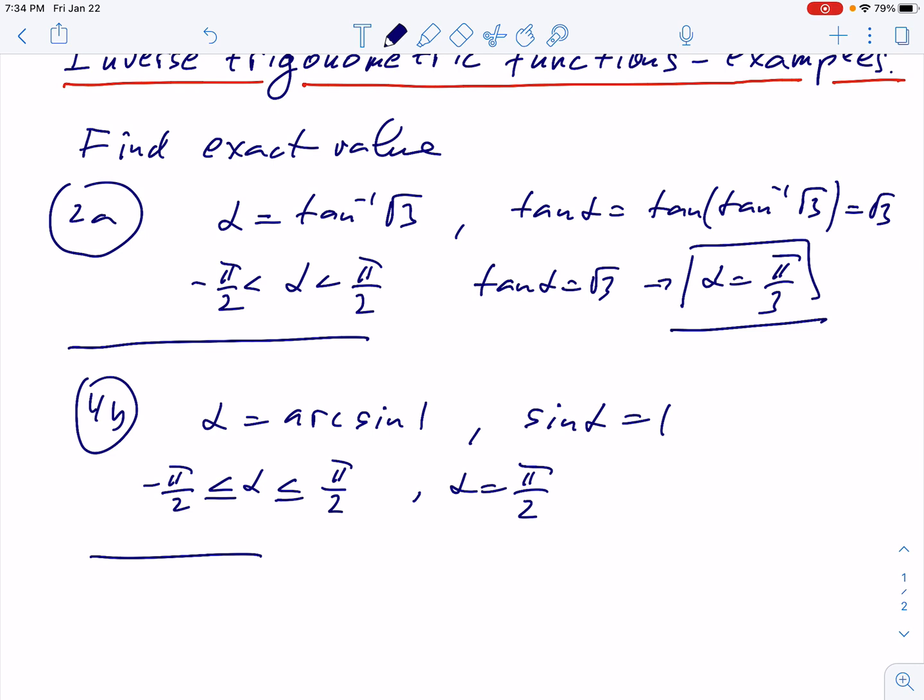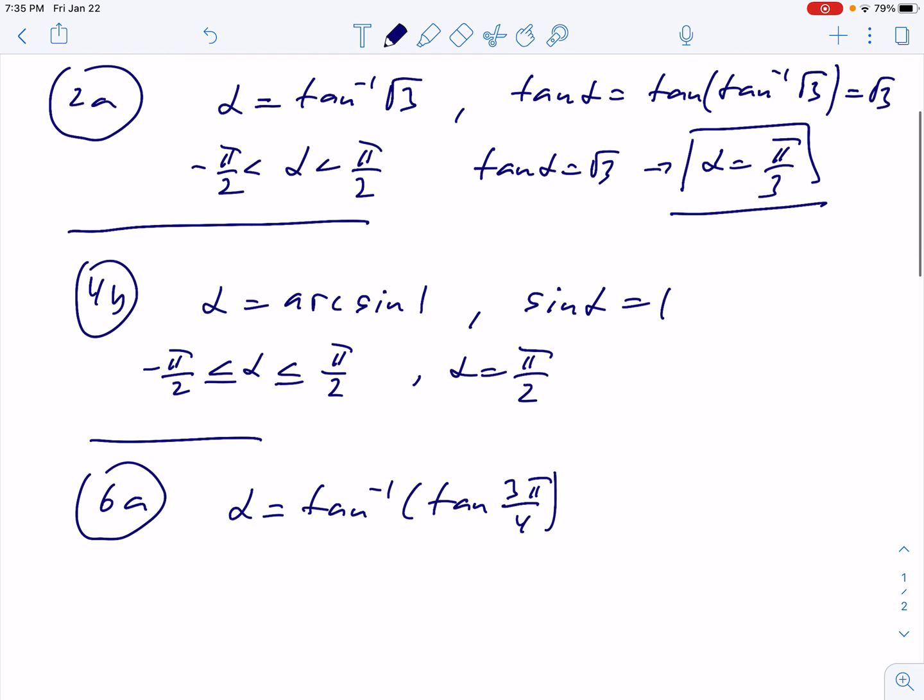Okay, we continue. And now I have 6a. We have to find exact value for alpha, which is inverse tangent of tangent 3 pi over 4. What is the exact value here?